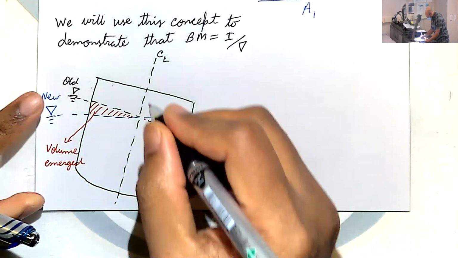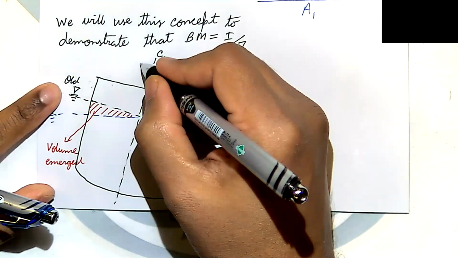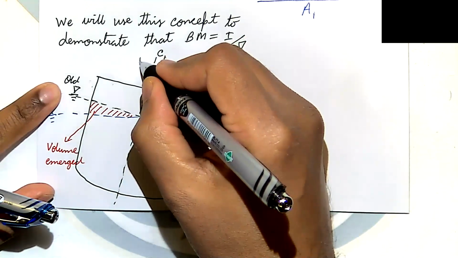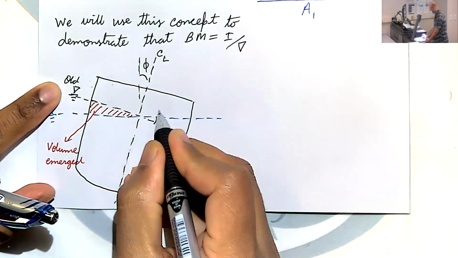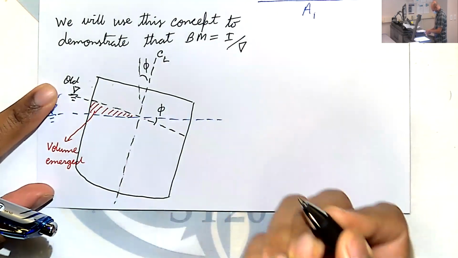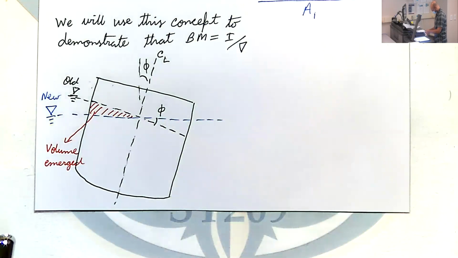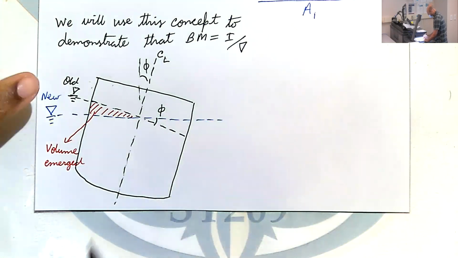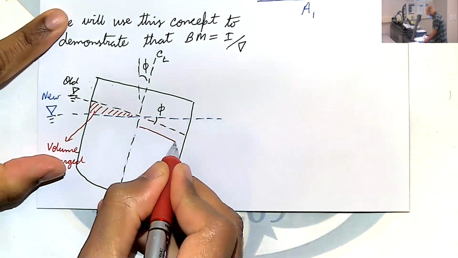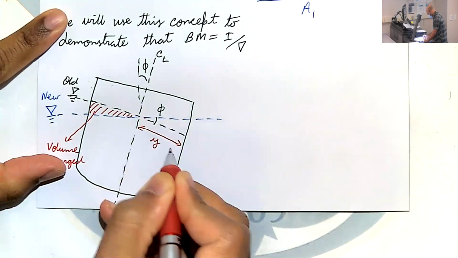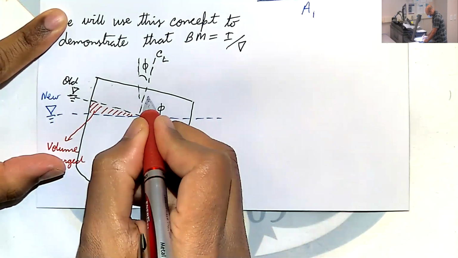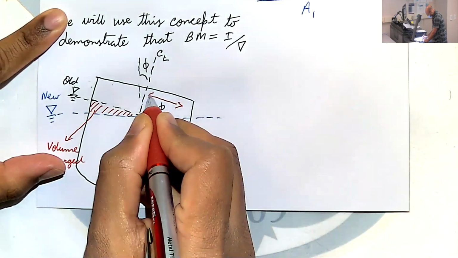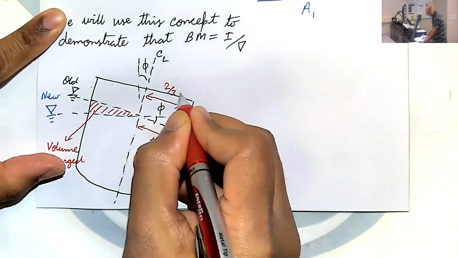And if we say the roll angle is phi, if this is 5 degrees, then this is also 5 degrees. Let's call this distance y. The centroid of this triangle is 2/3 of y.